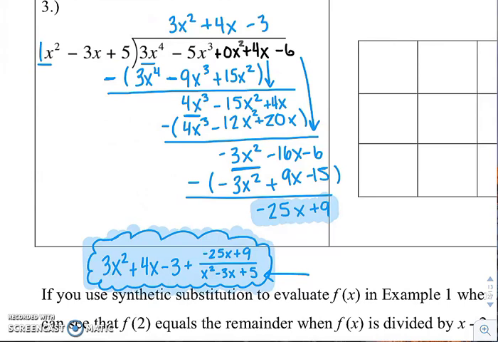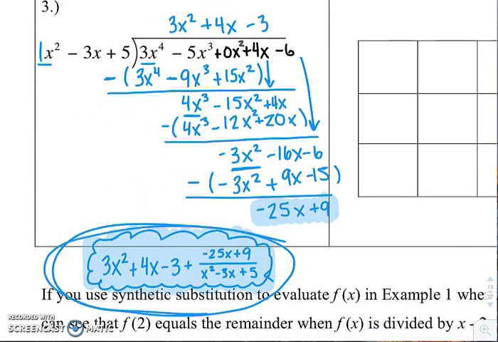To check it, if you wanted to, you could take the expression that you ended up with, multiply it by what you were dividing by, and you should end up with what was underneath that division bar. If you wanted to check to make sure that what you ended up with was the correct thing.